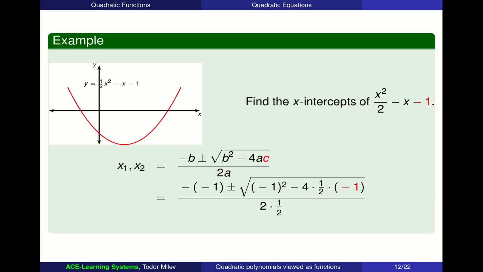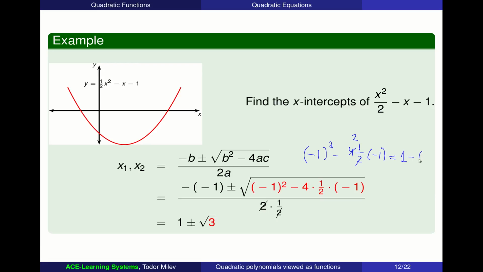So let's simplify. The 2's cancel. -1 is equal to +1. And what happens here? Well, let's see. We're having -1 squared minus 4 times 1/2 times -1, which equals, well, -1 squared, that is equal to 1. 4 divided by 2, that equals 2.